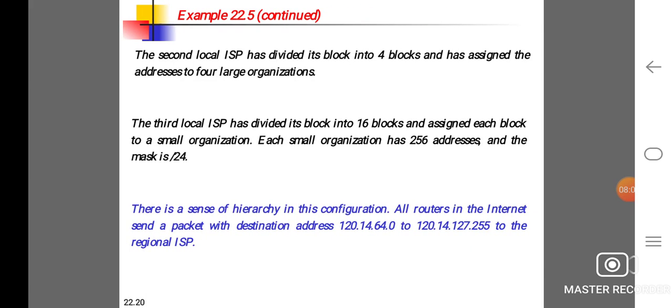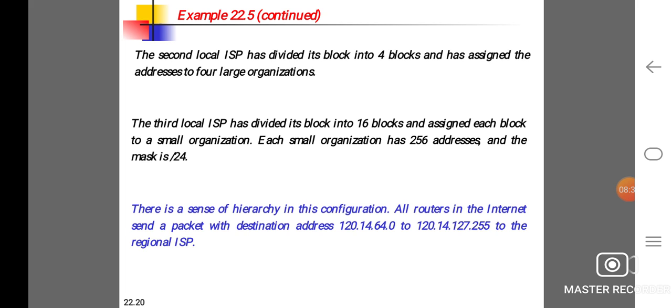The second local ISP has divided its block into 4 blocks and assigned the addresses to 4 large organizations. The third local ISP has divided its block into 16 blocks and assigned each block to a small organization. Each small organization has 256 addresses and the mask is /24.